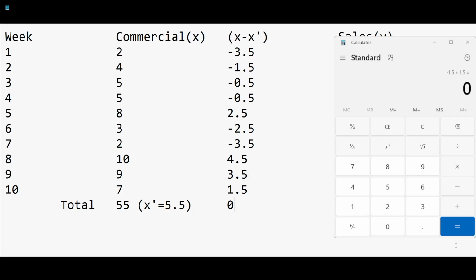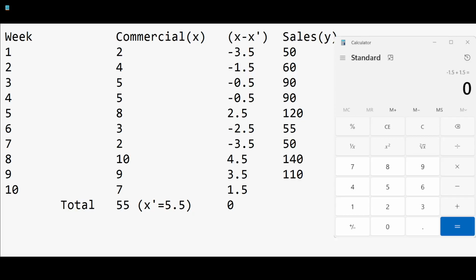Okay, so for our y, let's adjust this one. For our y, let's have y minus y prime.